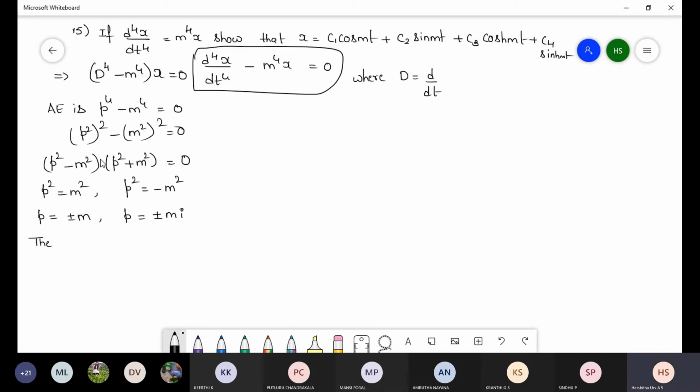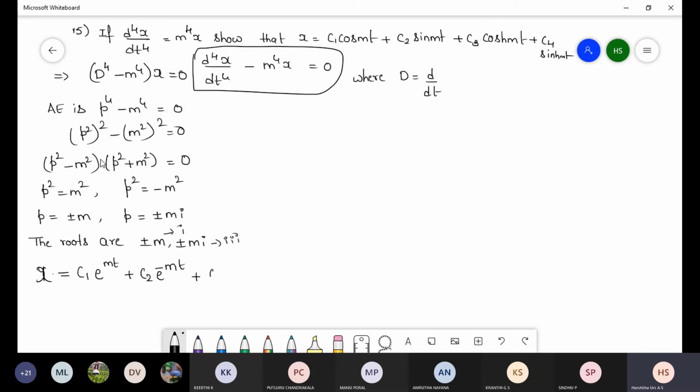The roots are plus or minus m, comma, plus or minus m into i. So let us write here. This is the third case and this is the case number 1. So here in terms of y they have given x is equal to c1 e power mt plus c2 e power minus mt. This is the case 1.